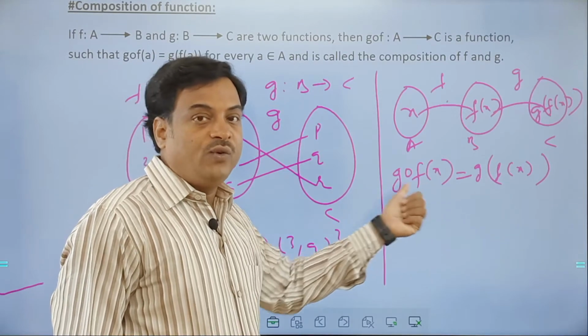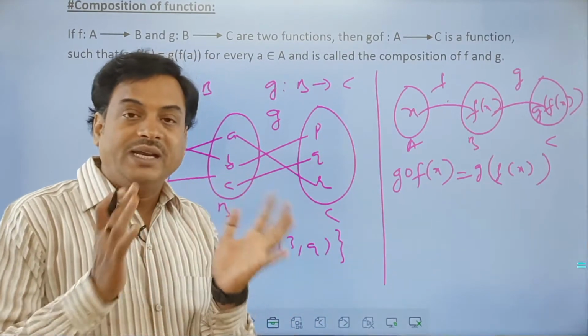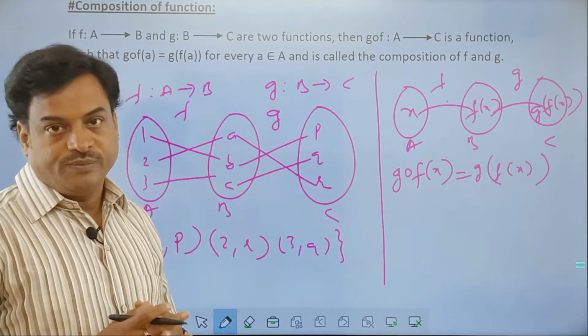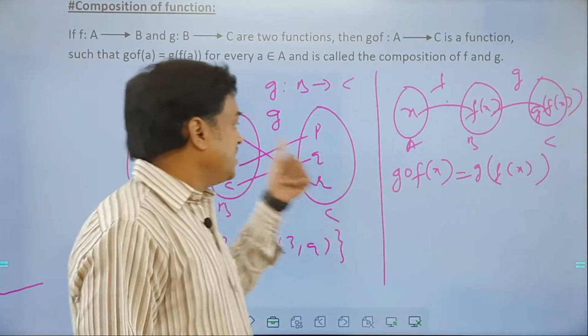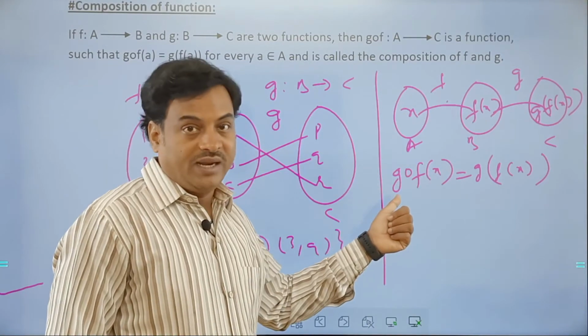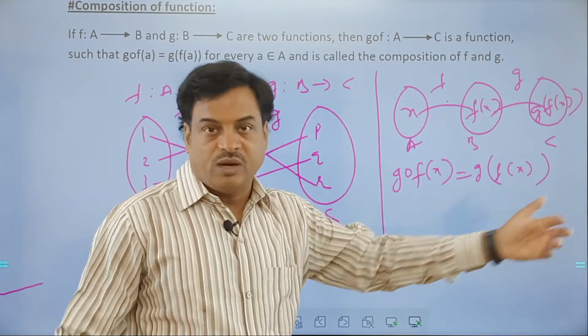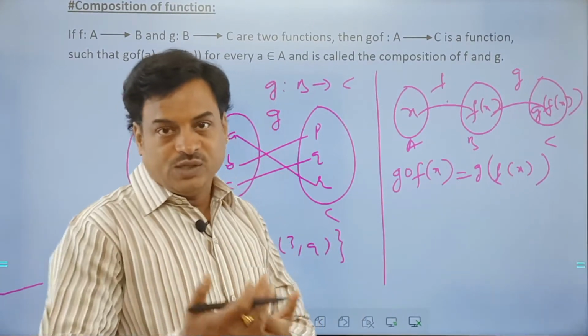From function F to function G. So combining two different functions, that is F and G, is called composition of a function. So it should be taken in reverse. First F is applied and then G is applied. So this same thing can also be written like this: G of F of X. How do we pronounce it? G of F of X is what we have.